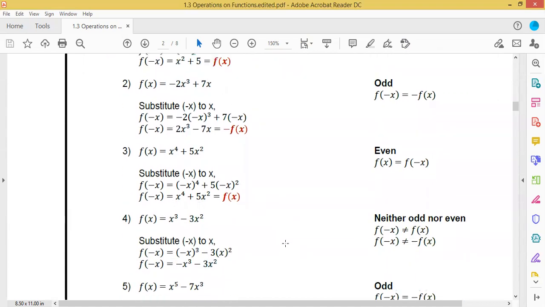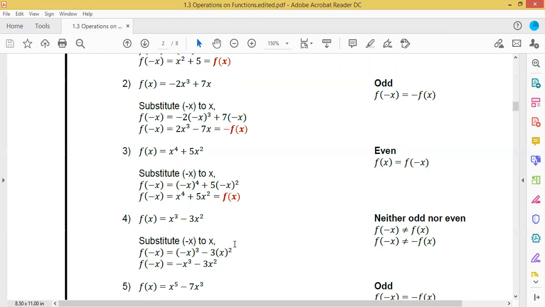Let's have the fourth one. x cubed minus 3x squared. We substitute negative x to the value of x. So we have quantity negative x cubed. This is an odd exponent, so the answer is negative. Negative x cubed. The next one. Then I need to place negative here. Negative x to the power of 2.